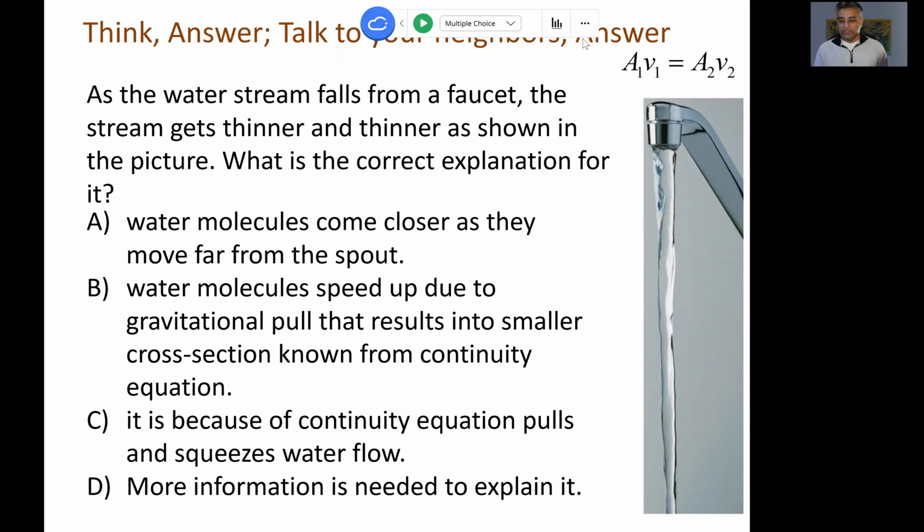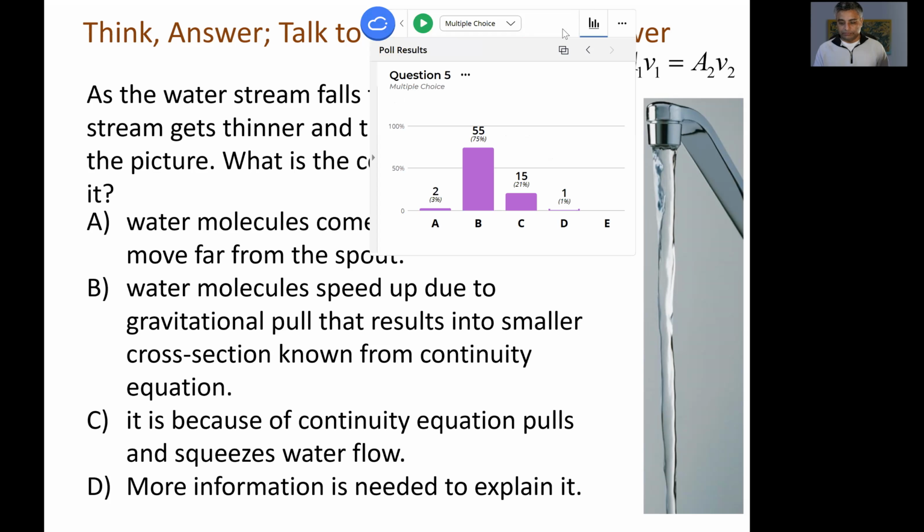Okay, well, let's see what we got. We got mostly B and C. Hey, it's the continuity equation that's pulling the water, isn't it? Wait a second, an equation doesn't pull water.